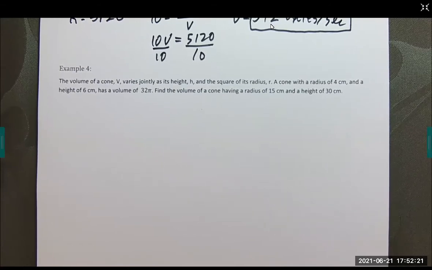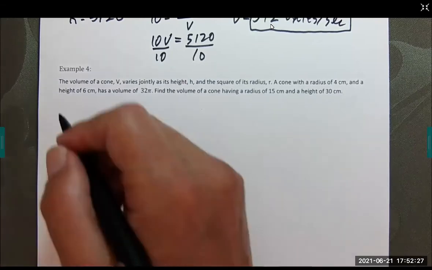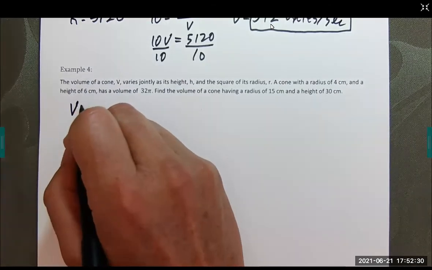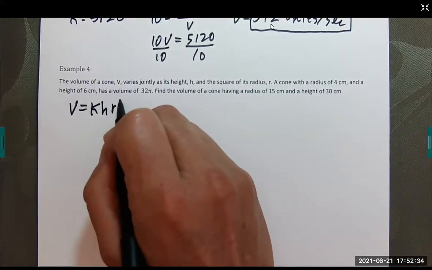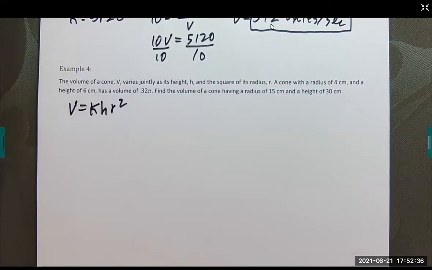The volume of a cone varies jointly as its height h and the square of its radius r. So let's do this. V is k times h times r squared. A cone with a radius of 4 centimeters and a height of 6 centimeters has a volume of 32 pi.